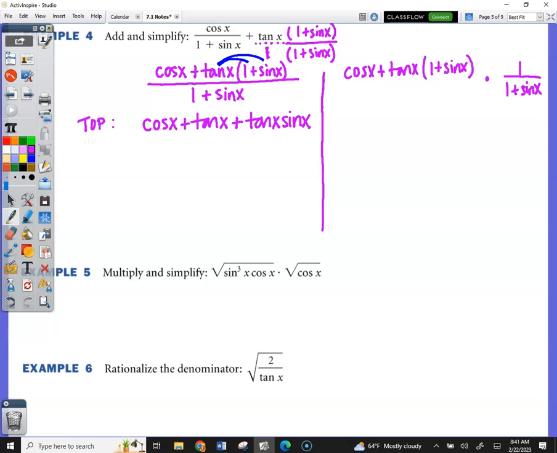So cosine is just plain old cosine. What's tan, y'all? Sine over cosine. This is sine over cosine times sine, right? Over 1.